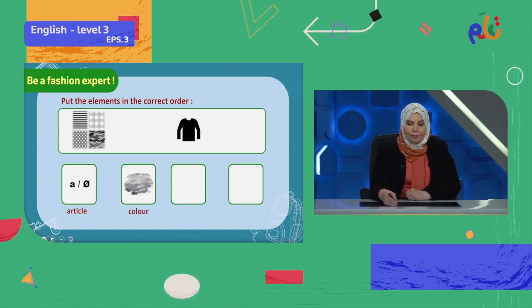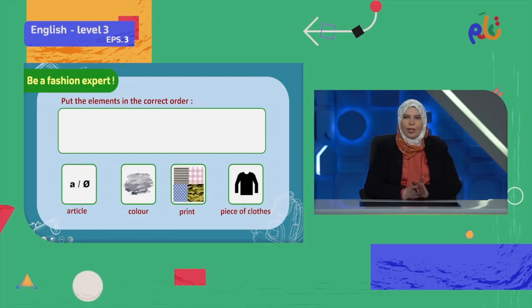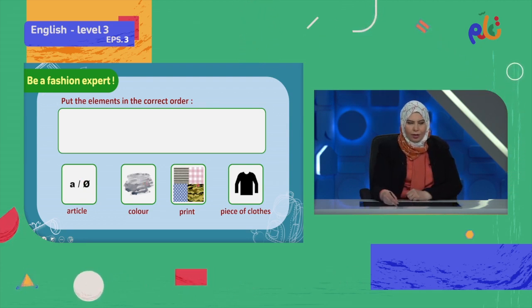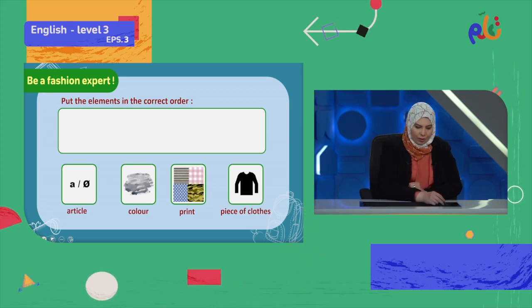After that, the print or what we call the pattern. وآخر حاجة خالص هتبقى the piece of cloth or the item itself. So it's article, color, print, and piece of cloth or the item that I am describing. So this is the basic order that we use when we describe our clothing.